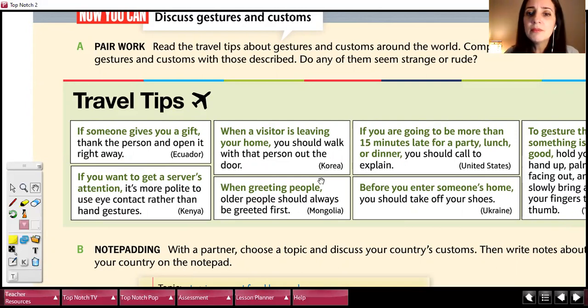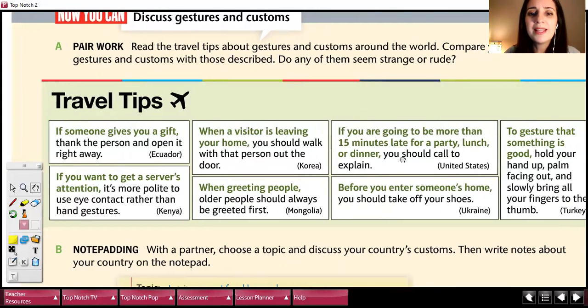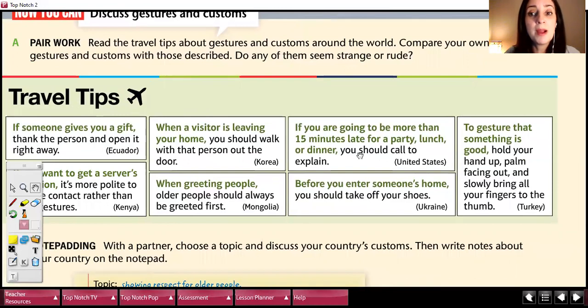Okay? If you are going to be more than 15 minutes late for a party, lunch, or dinner, you should call to explain. Yes, it's really polite to give a call and say that you're gonna be late. It's a sign of respect because the other person who is waiting for you doesn't get worried.